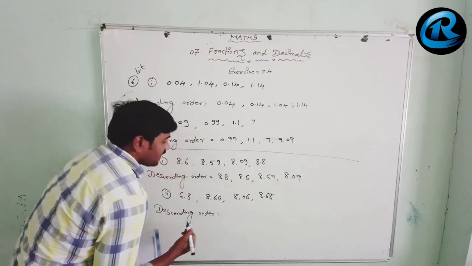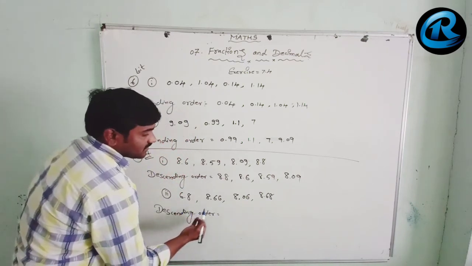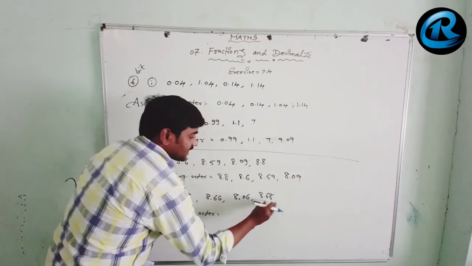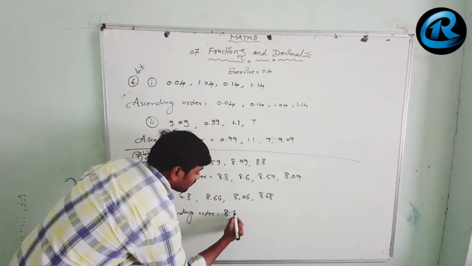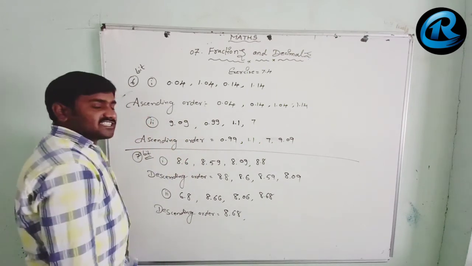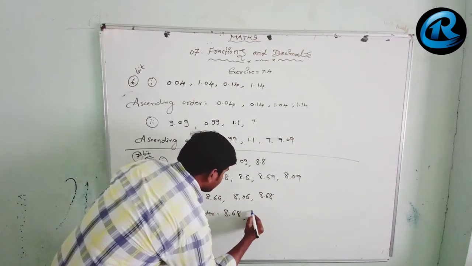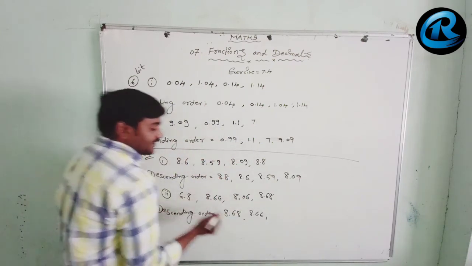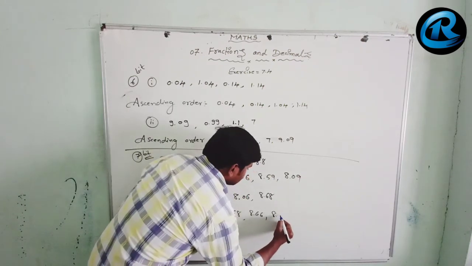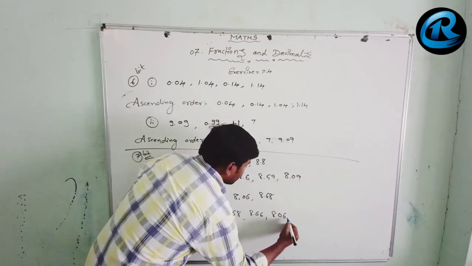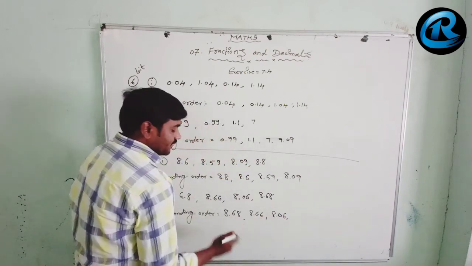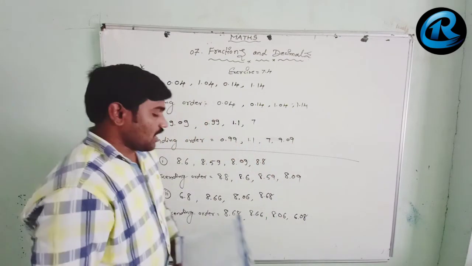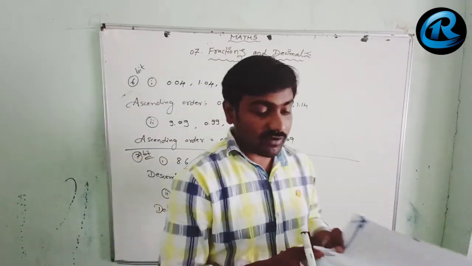See what is the greatest number in this first? 8.66, 8.68, 66, 68. That means this is the greatest number, 8.68, then 8.66, next 8.06, 6.8. After the 8 only we get, so after the 8 we get 6. First the 8s we have completed, then the last, the smallest one, is 6.08. I hope you understood this exercise 7.4.